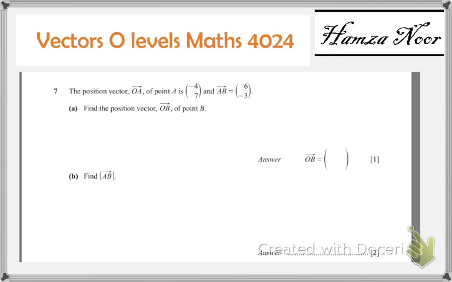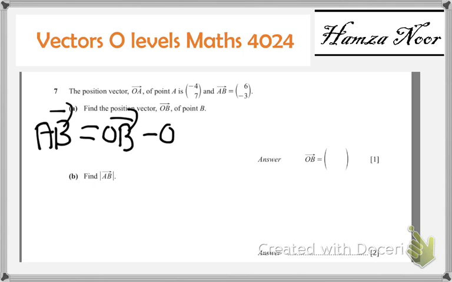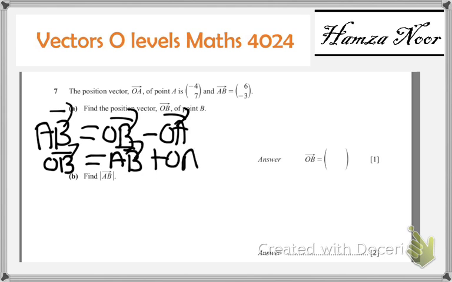Since you know that you can break the vector in two parts, AB is equal to OB minus OA. So all you need to do is find the vector OB. So OB will be equal to AB plus OA.